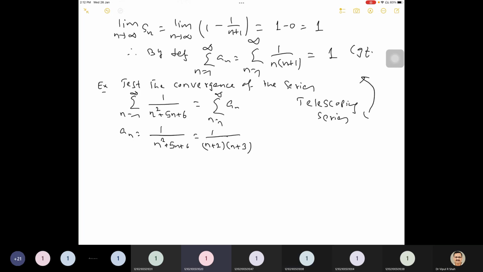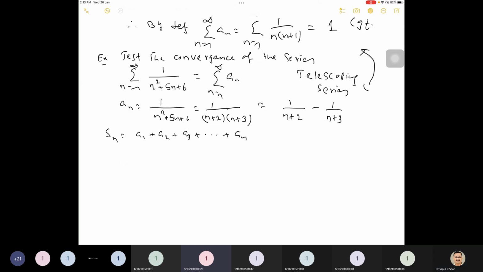Can I write this as the difference of two fractions? Now it is easy to find out Sn, because Sn is nothing but a1 plus a2 plus a3 and so on up to an. And so what is a1?